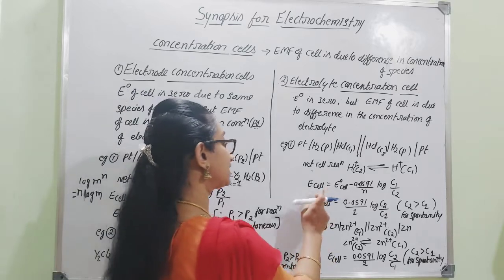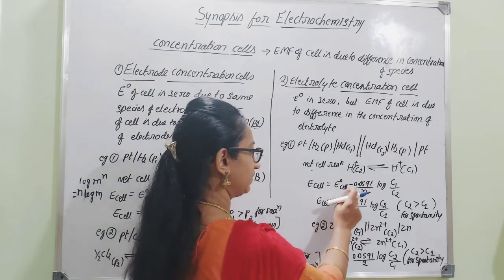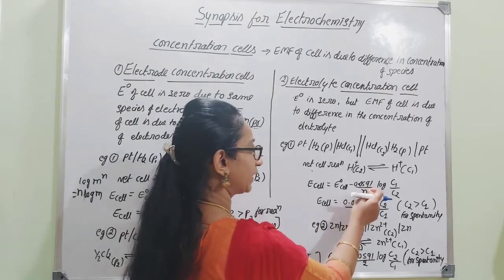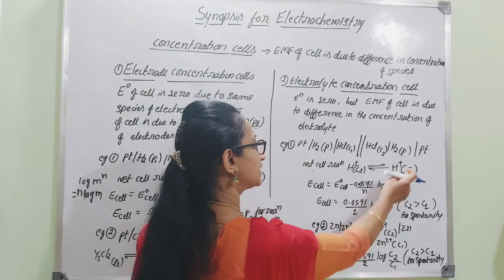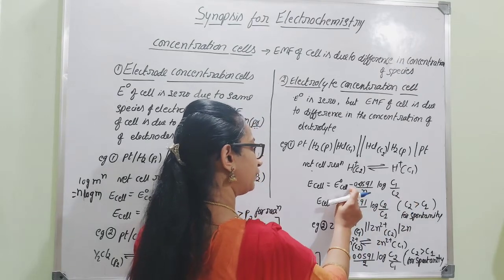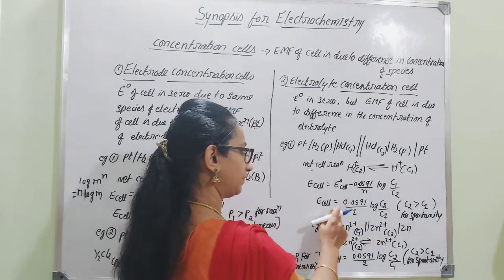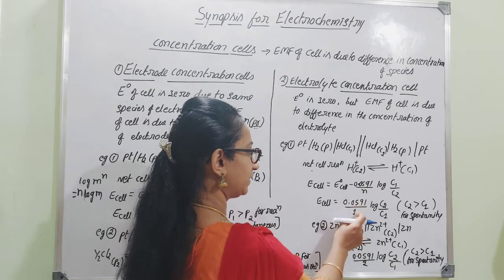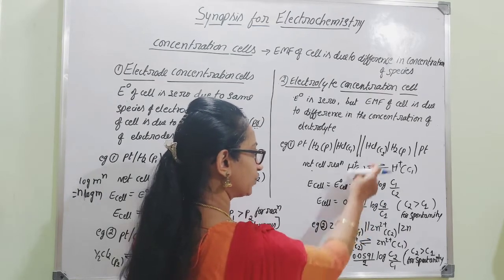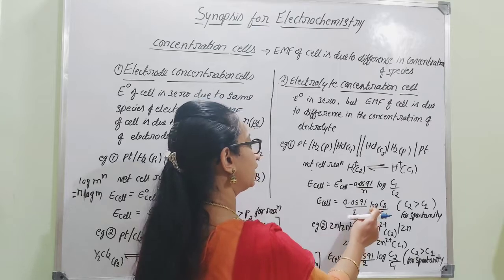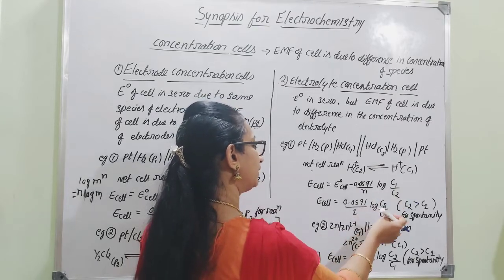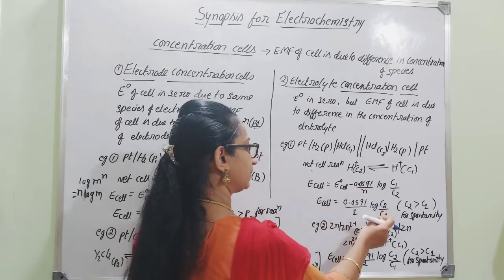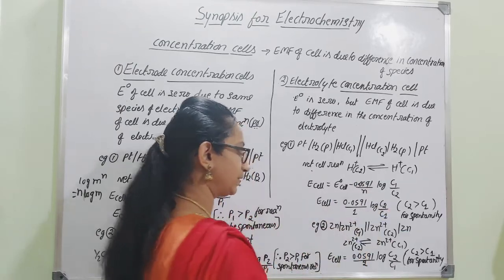Then you can easily guess E cell is equal to E naught cell minus 0.0591 by n log of C1 by C2, where n is the number of electrons transferred. To remove the negative symbol, E cell is equal to 0.0591 by n, with n equal to 1 for this cell, log of C2 by C1.